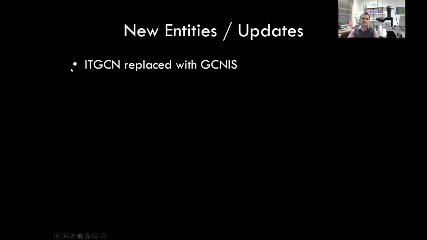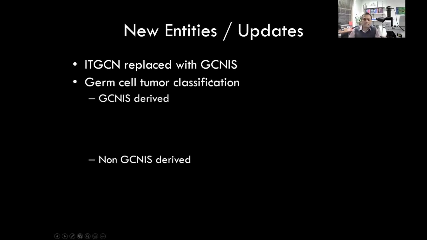This is because the ITGCN terminology was confusing. It not only included in situ germ cell neoplasms that were confined to the basal layer, but also entities such as intratubular seminoma and intratubular embryonal carcinoma, which were clearly not in situ malignancies. And also it included the word carcinoma, which we know germ cell tumors are not actually carcinomas, but they are germ cell neoplasms. That terminology is changed.